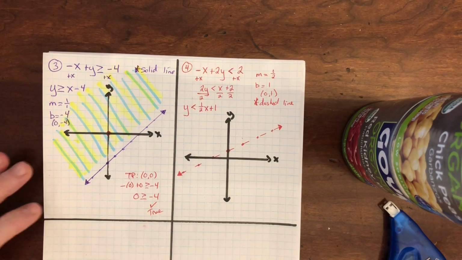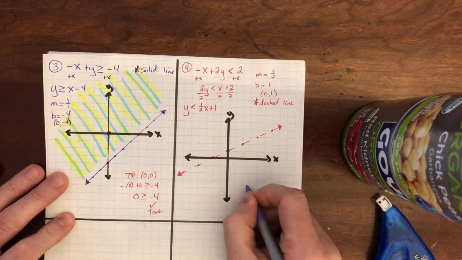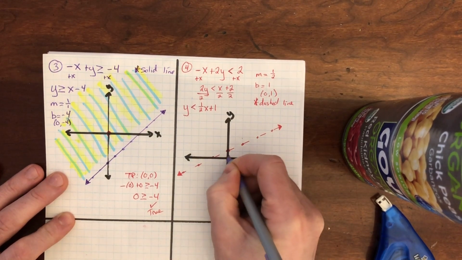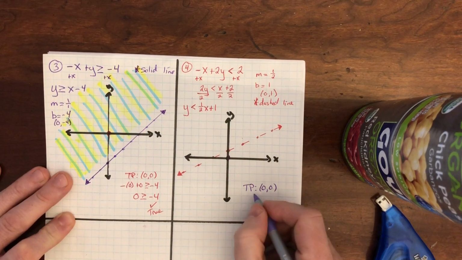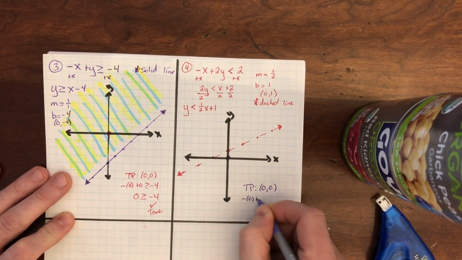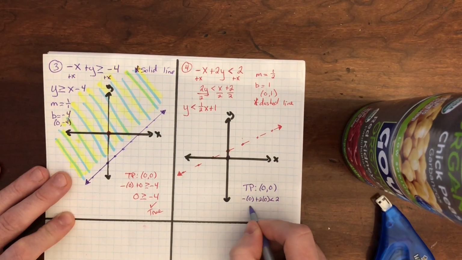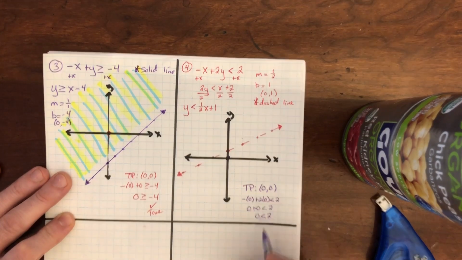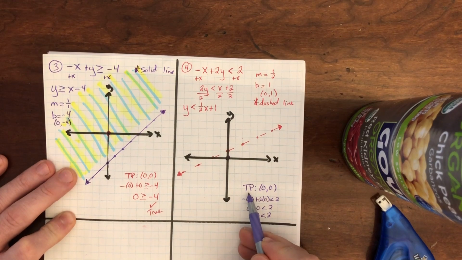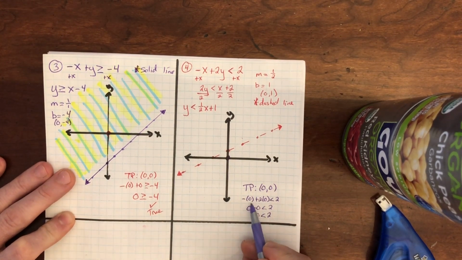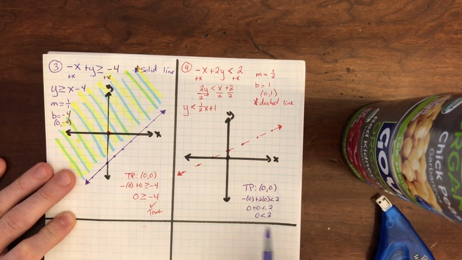All right, so now we need to pick our test point. It's great that we can use 0, 0 again. So we'd say -0 plus 2 times 0 is less than 2.